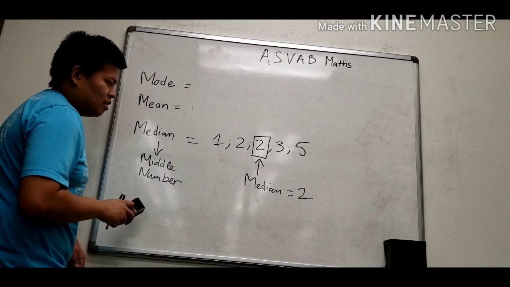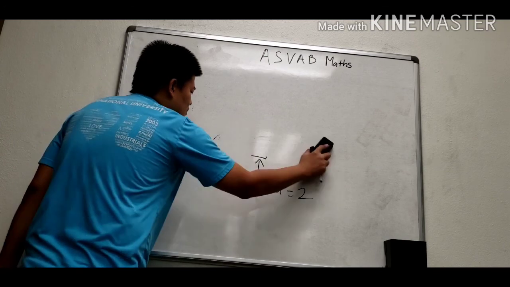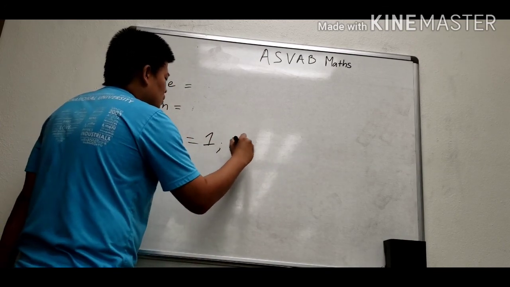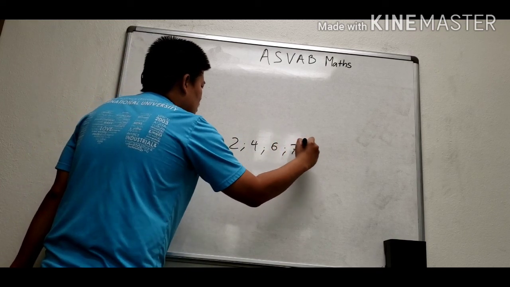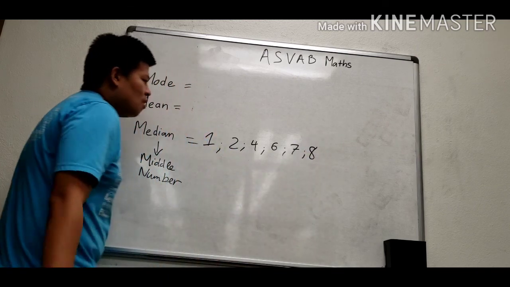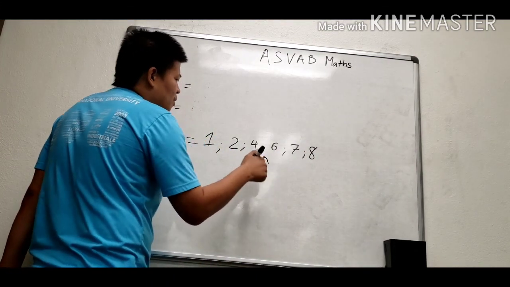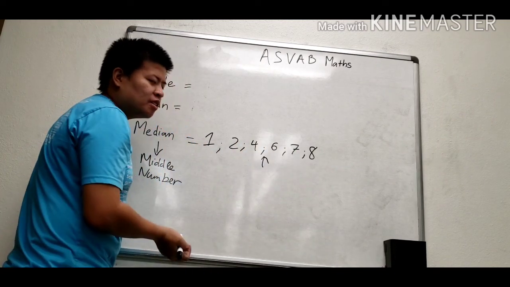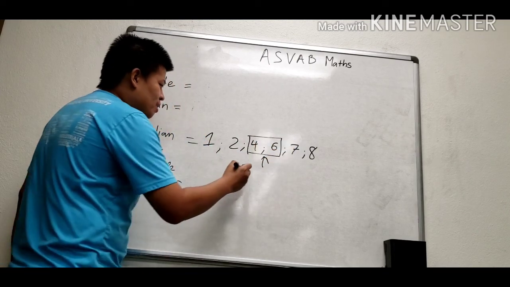However, if the series does not have a single middle number, for example 1, 2, 4, 6, 7, 8, we know the middle should be here, but we have 3 numbers on the left and 3 numbers on the right, so we need to use the 2 middle numbers and divide by 2.